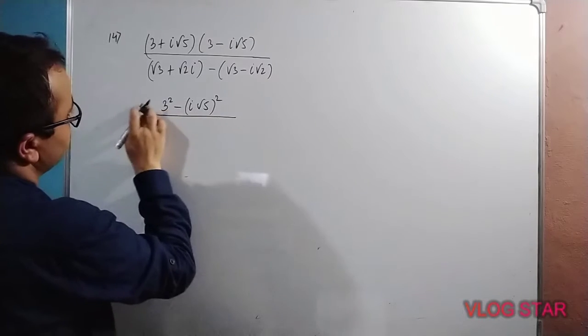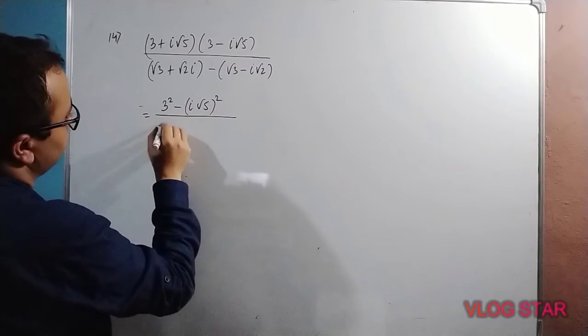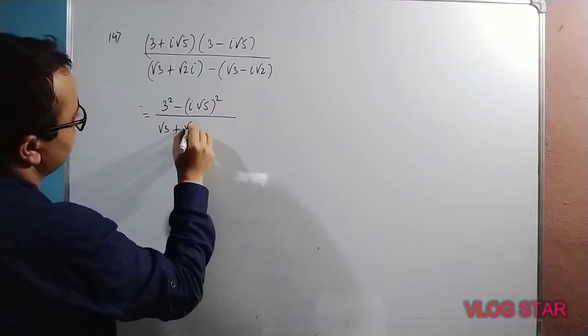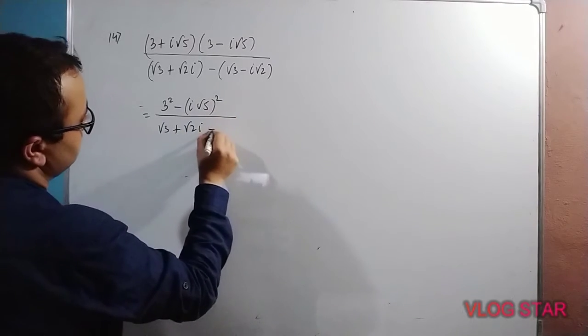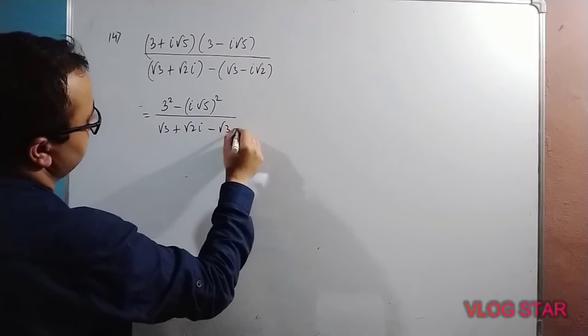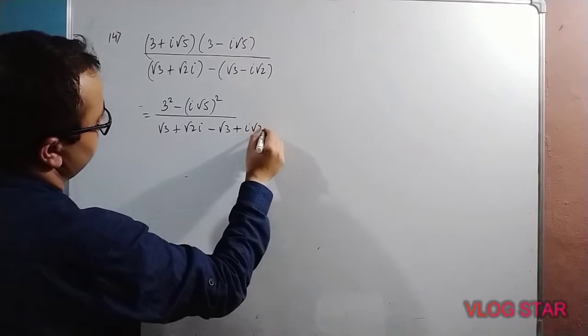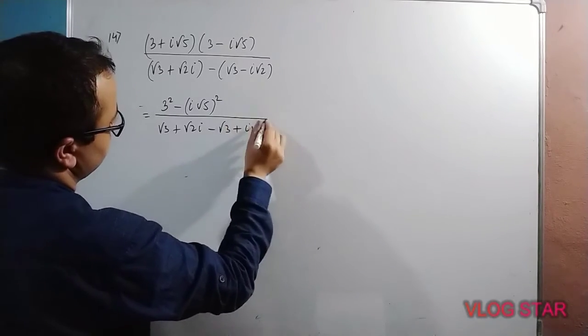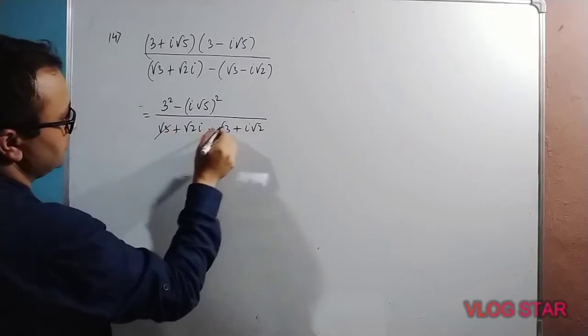Divided by, in the denominator, (root 3 plus root 2 i) times (root 3 minus... plus i root 2). So we can cut root 3 here.